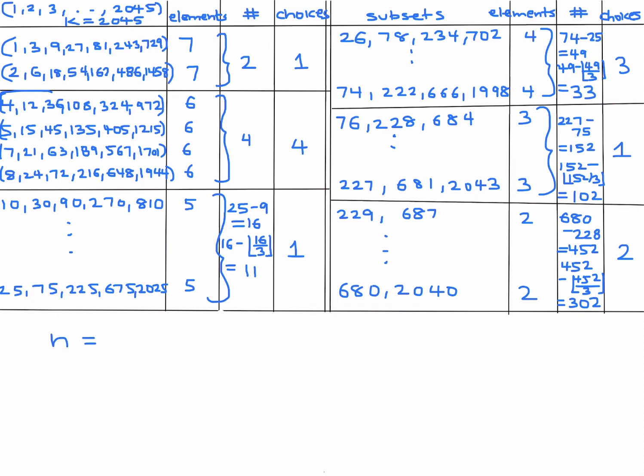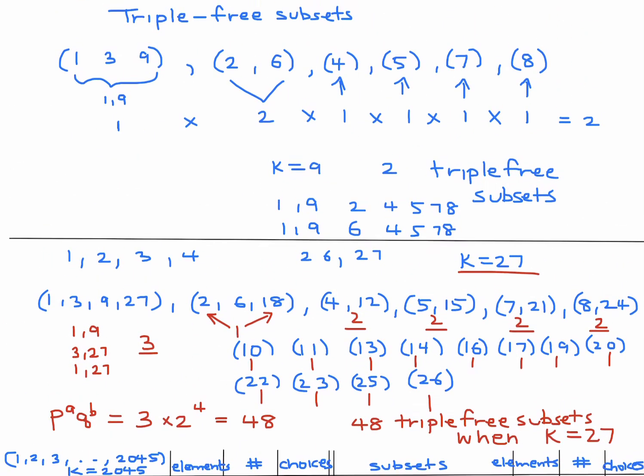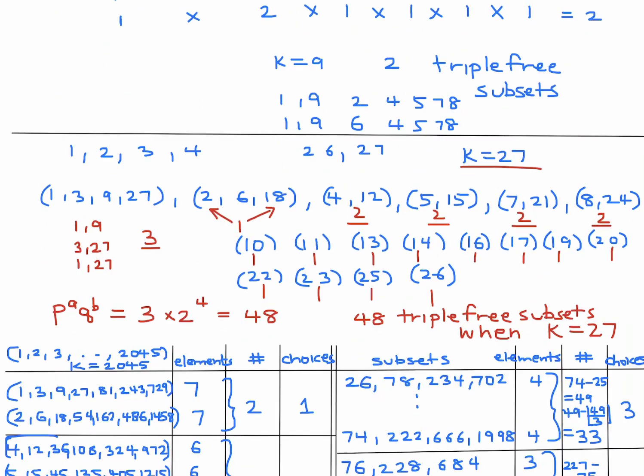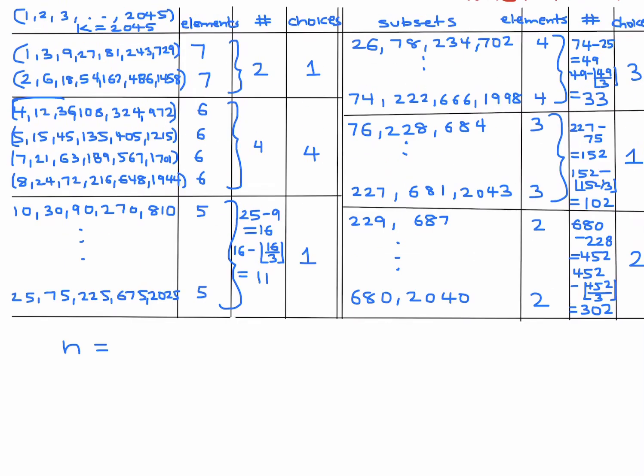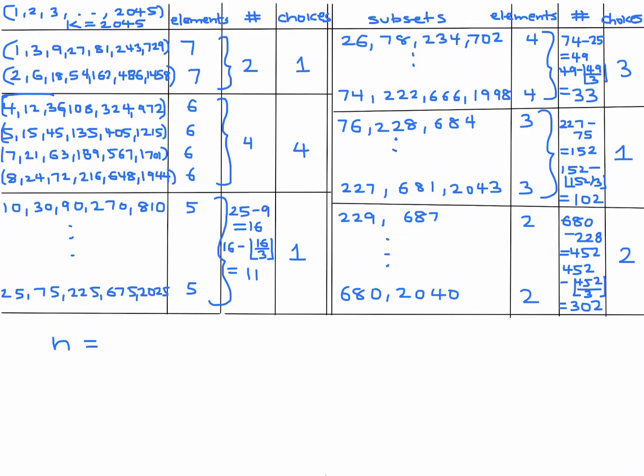And just like before, if you remember, with my examples where k is equal to 9 and k is equal to 27, that's the same way I'm going to do it up here for this one. N is going to be, I'll do it in red here, this to this power. So 2 to the power of 302.